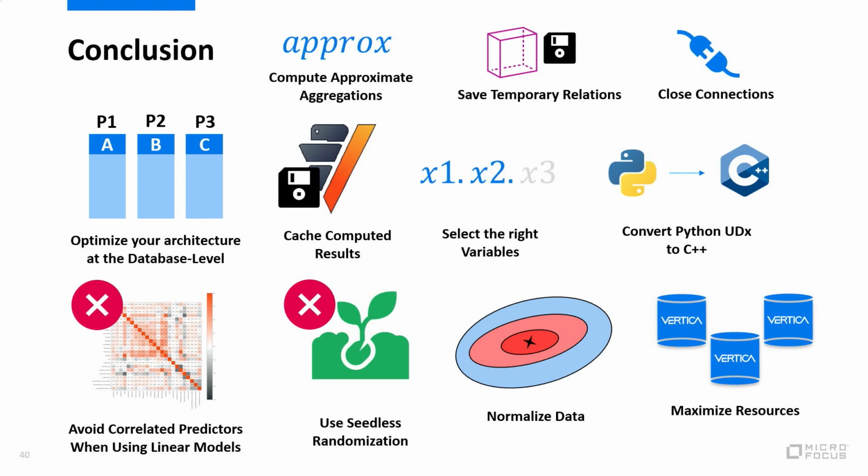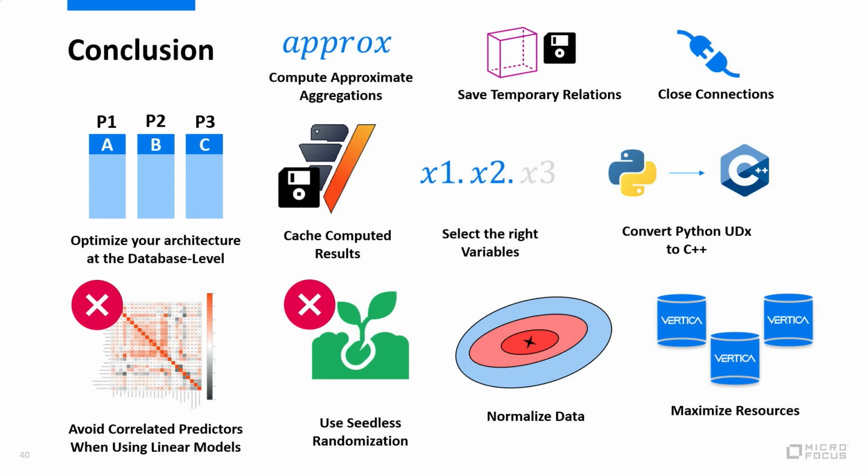And do not forget to also close your connections when you're using VerticaPy, because maybe you will use multiple notebooks, and some of them can create useless connections, and then you will not be able to use some optimizations which create connections to do computations.